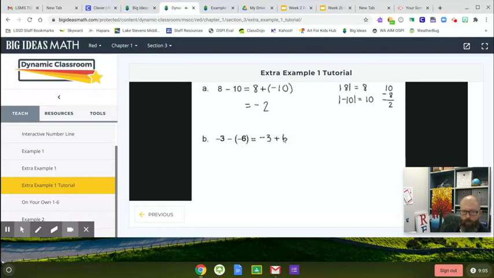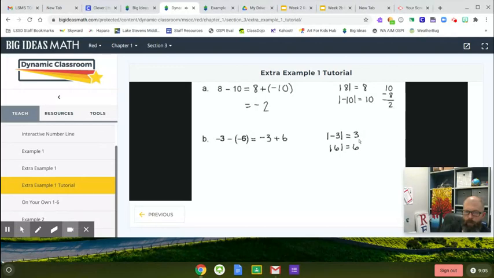Again, we take the absolute value of both numbers. The absolute value of negative 3 is equal to 3, and the absolute value of 6 is equal to 6. So we subtract the lesser from the greater absolute value. 3 is less than 6, so we have 6 minus 3, and that is equal to 3.